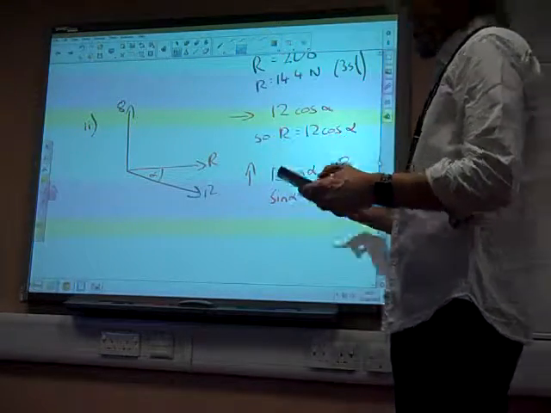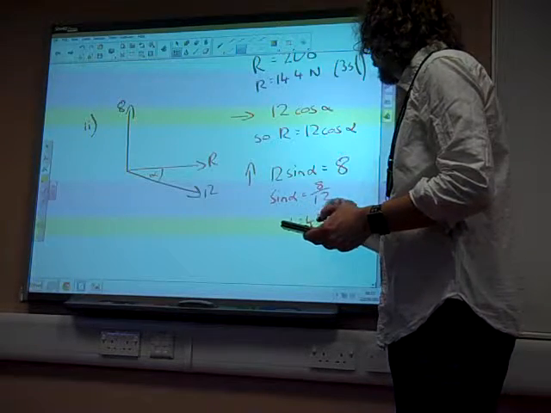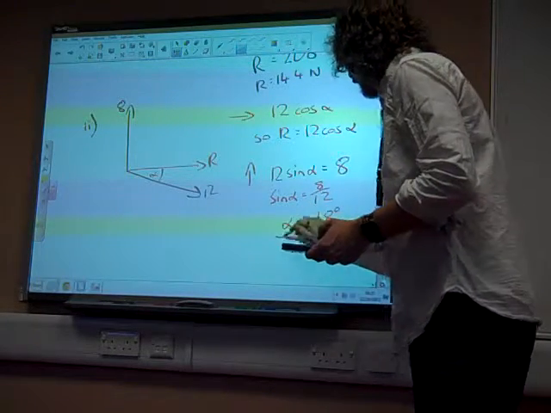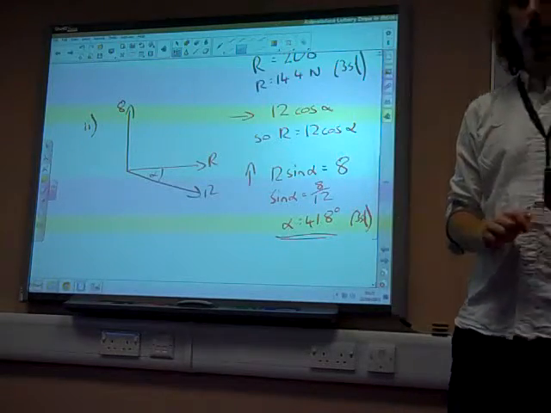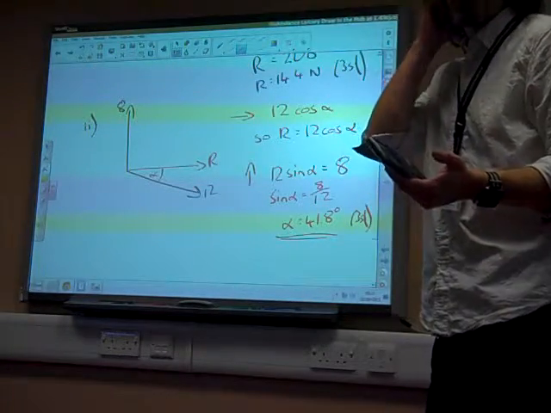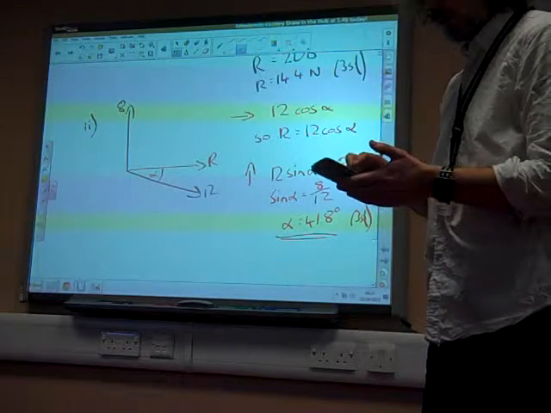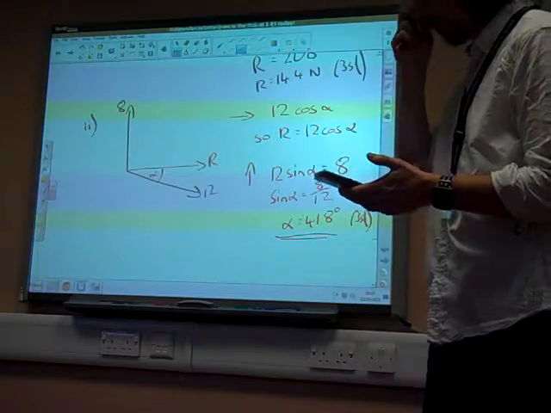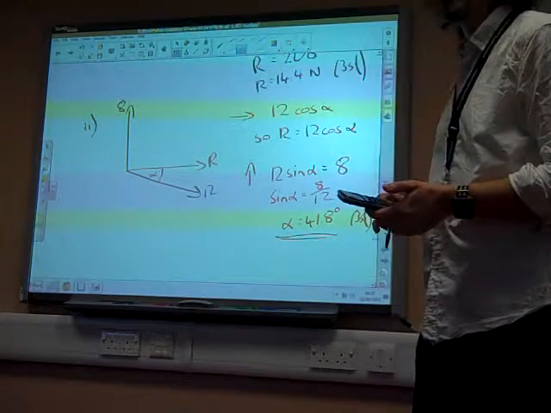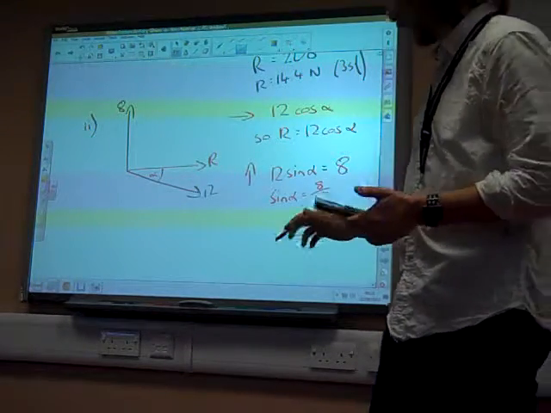Which gives us an angle of 41.8. Again, that is recorded to 3 significant figures. Now remember this, I'm going to use this angle in a moment, so I'm going to store that in my calculator to make sure I use the full version of it. So I stored it in memory A on my calculator. And now I can go back to the resultant force.